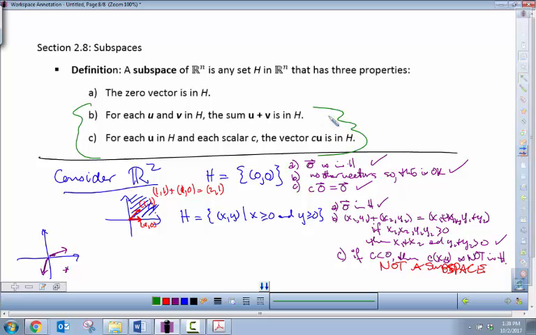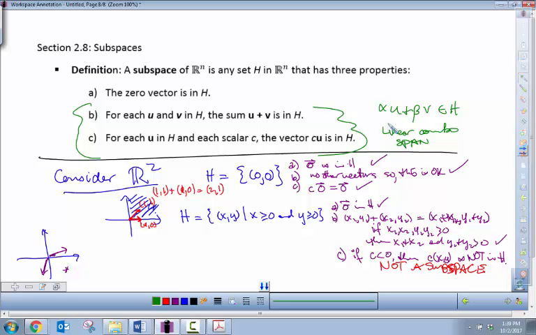These two can actually be put together to say that alpha u plus beta v, where alpha and beta are scalars, should also be in H. So what is this? This is a linear combination. Any linear combination of two vectors in your set should also be in your set. And this turns out to be the span of these two vectors. Okay?